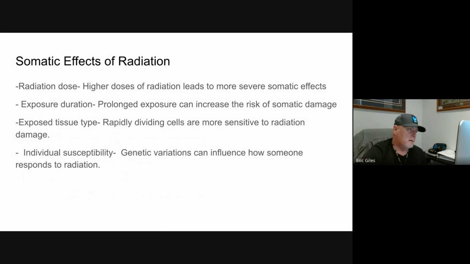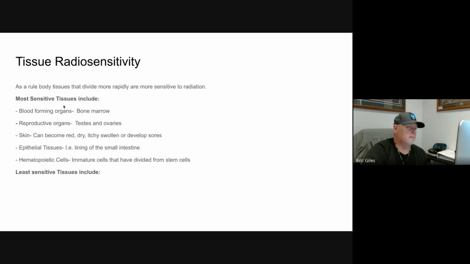Okay, we'll talk about that a little bit more. As a rule, body tissues that divide more rapidly are more sensitive to radiation. The most sensitive tissues include blood-forming organs like bone marrow, reproductive organs, testes, ovaries, very, very sensitive to radiation, just because they're always producing. They're always doing something.